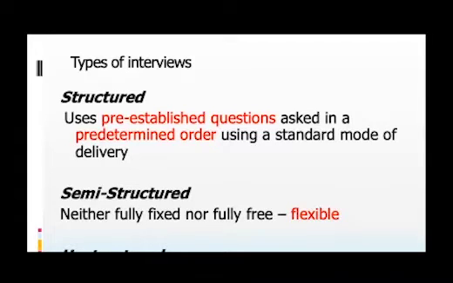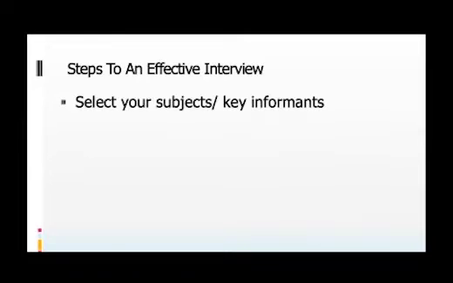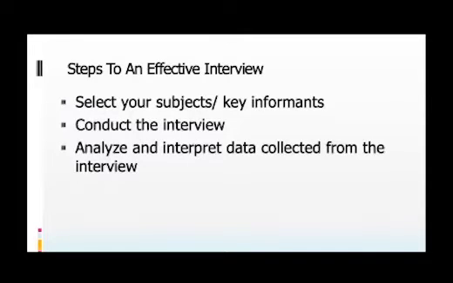You are fully free to ask things that you would want to ask. And these are the steps to an effective interview. You select your subjects or key informants, who will be the people that will most likely give you the information that you like. Then you conduct the interview, and then you analyze and interpret data from the interview.